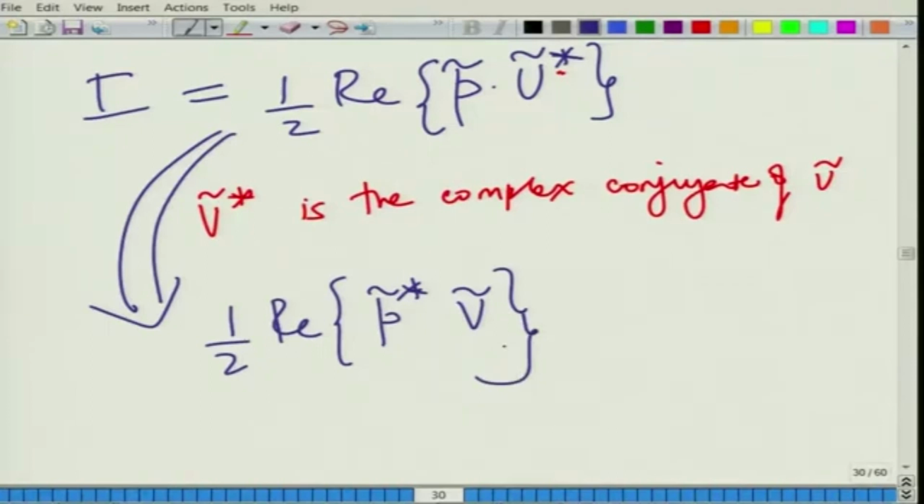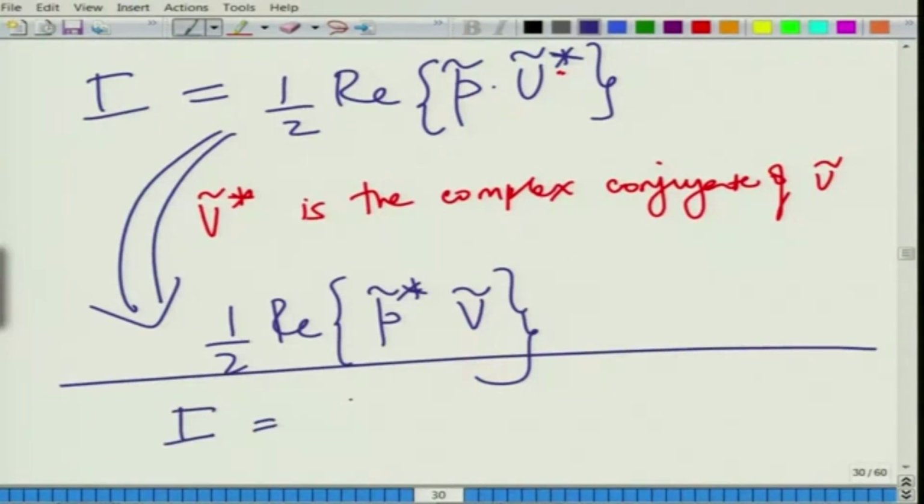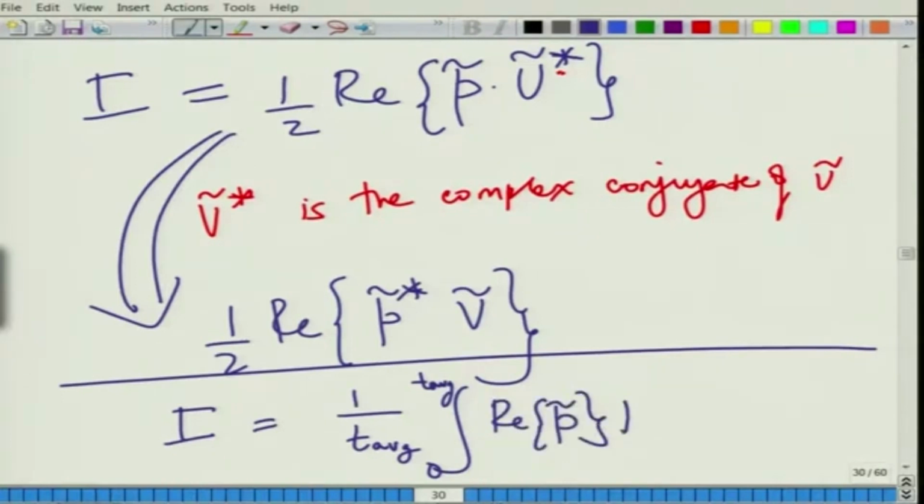We can also show that the intensity for periodic signals over a given cycle can be expressed in terms of the 1 by T average, integrating from 0 to T average, and since pressure is a complex quantity, we take the real part of P tilde into the real part of U tilde times dt and integrate it. P tilde is obviously ZU.